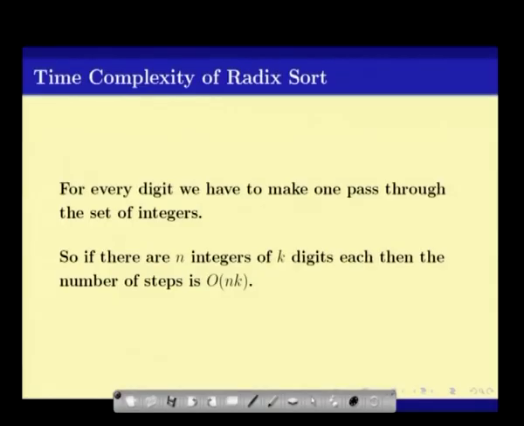We have to look at the integers in the zeroth bucket once, then look at the integers in the first bucket once, and so on. So for every digit we have to make order n steps, and therefore the total number of steps that comes out is order n k, because k is the number of digits. For every digit we make n steps.